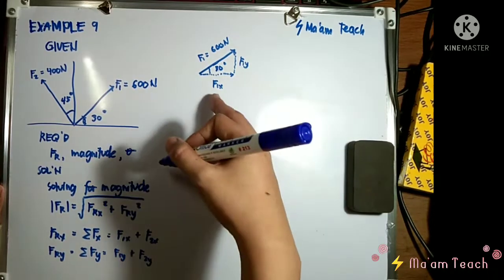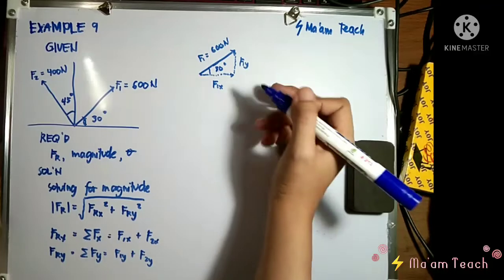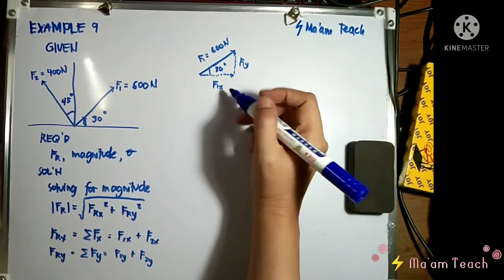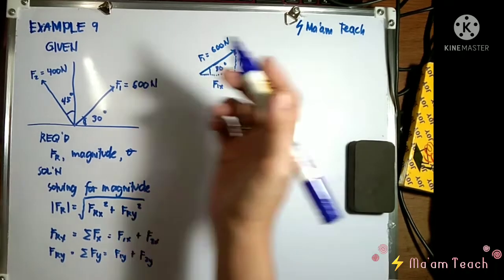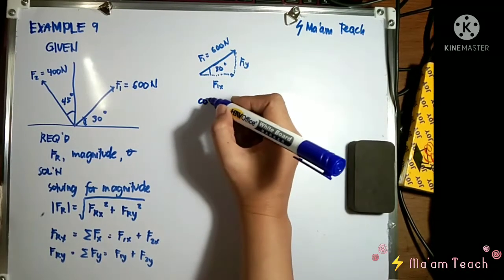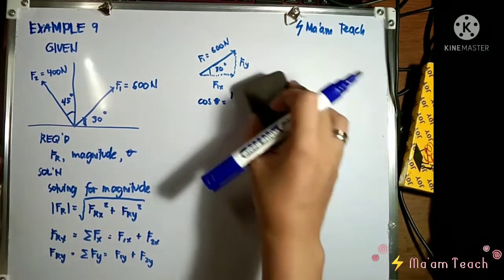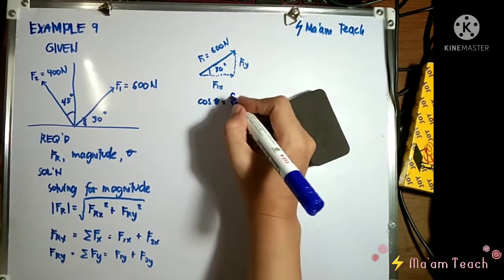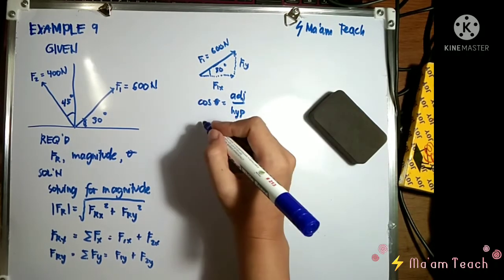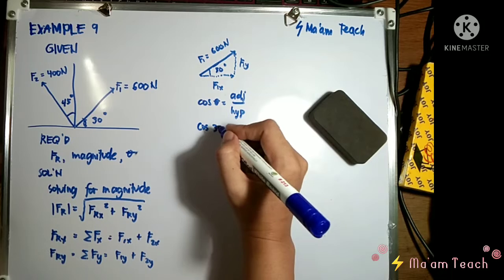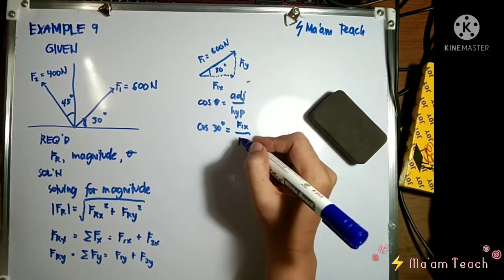In order for us to solve for the x component, what trigonometric identity should we use? Obviously F1x is adjacent, given your hypotenuse, so we will use cosine of the angle, that is adjacent over hypotenuse. Our angle is 30 degrees, adjacent is F1x, and hypotenuse is F sub 1.